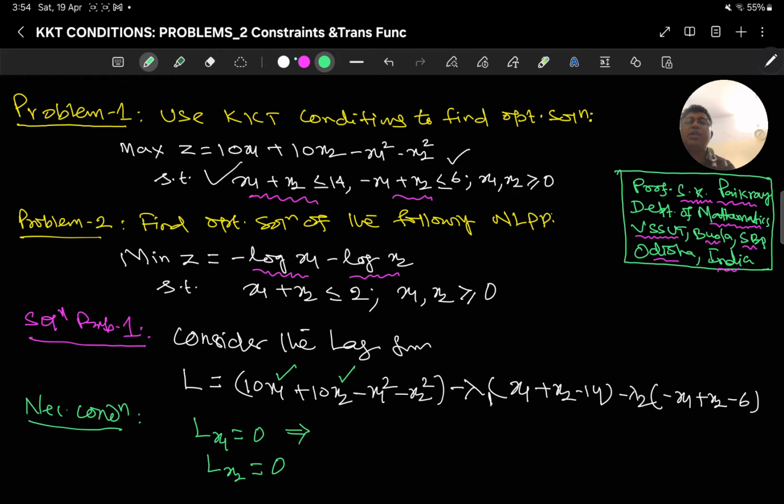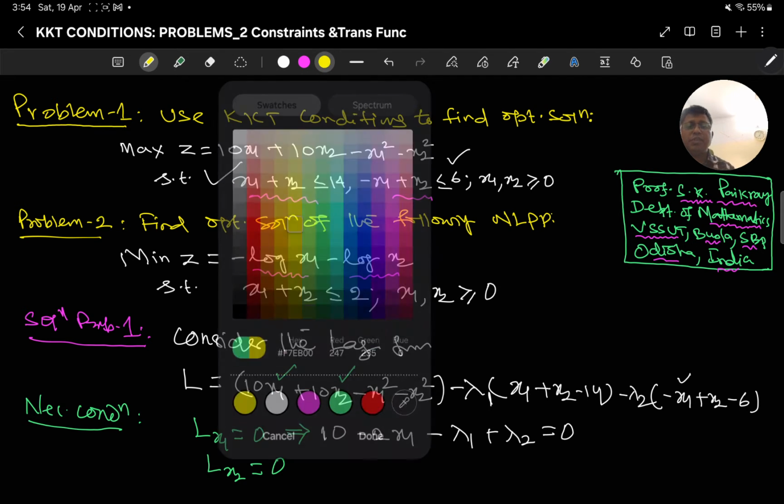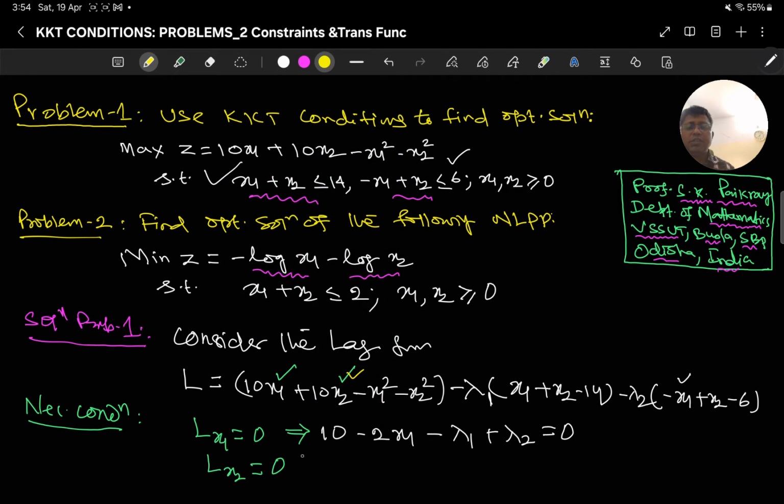So we are getting 10 minus 2x1 minus lambda 1 plus lambda 2 is equal to 0. Differentiating with respect to x2, it implies 10 minus 2x2 minus lambda 1 minus lambda 2 is equal to 0.